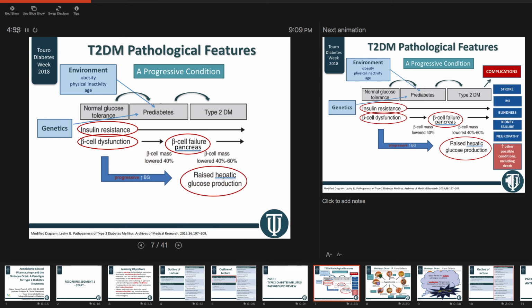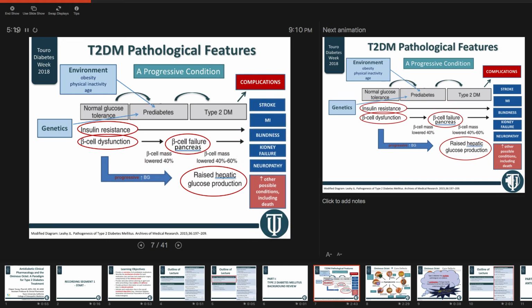However, type 2 diabetes is more than just the pancreas. The liver also plays a role when it comes to type 2 diabetes. Because the liver just keeps producing sugar nonstop, that will also lead to a progressive increase in glucose.